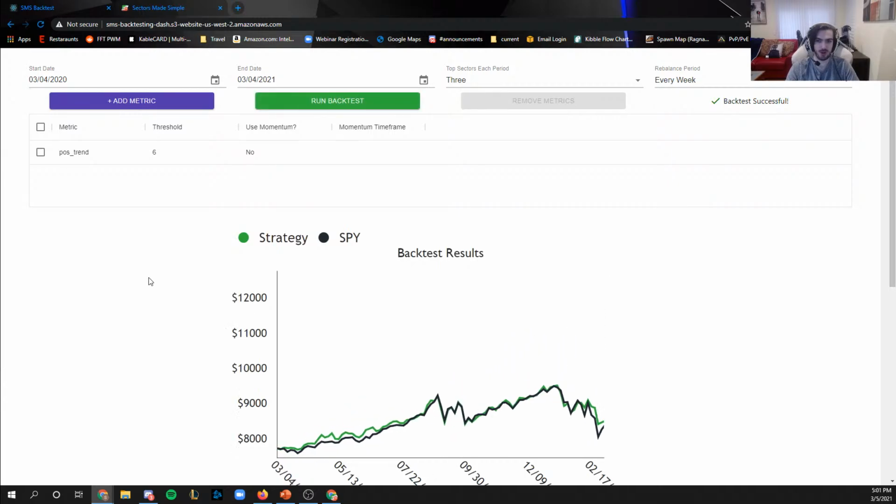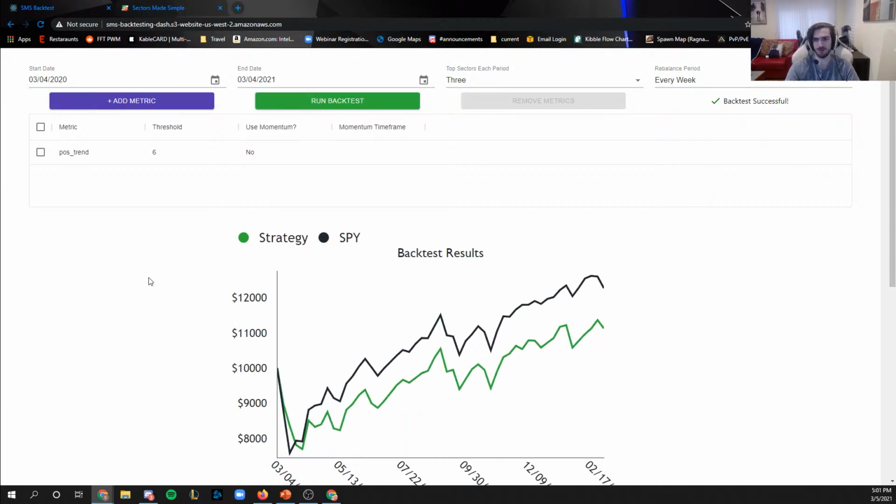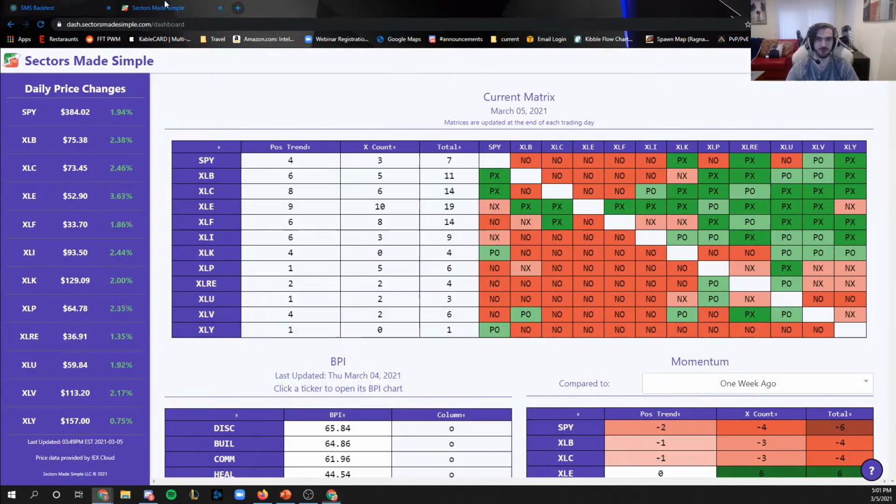So this is why backtesting is fun, but is also important, is it lets you find the strategies that work. Kike, this backtesting is only for the sector ETFs that we look at for the matrix, because this entire backtesting is using information from the matrix, and we only collect information and do relative strength for the matrix itself.